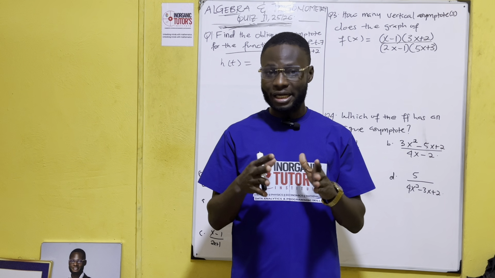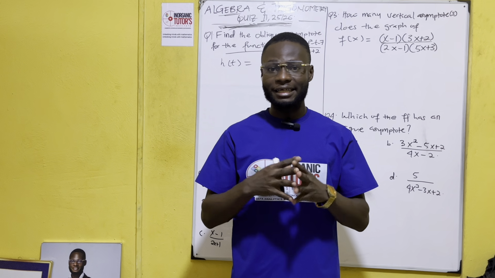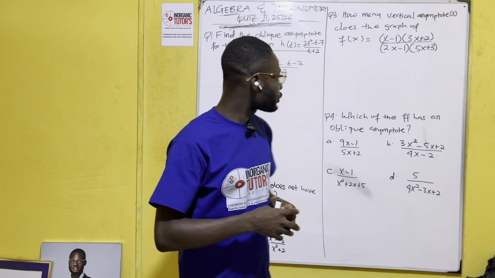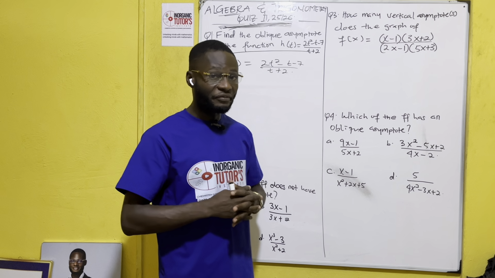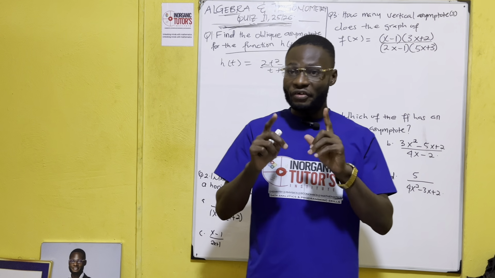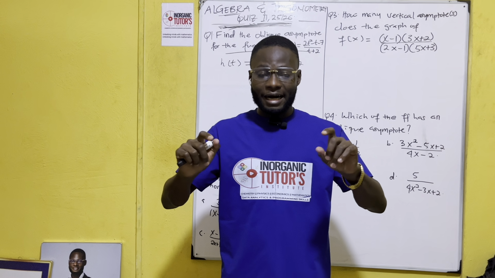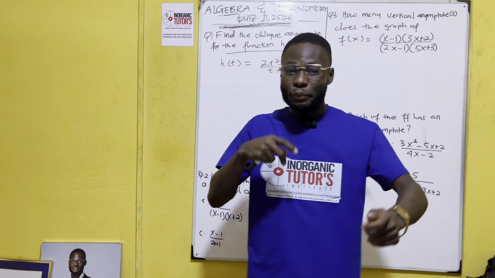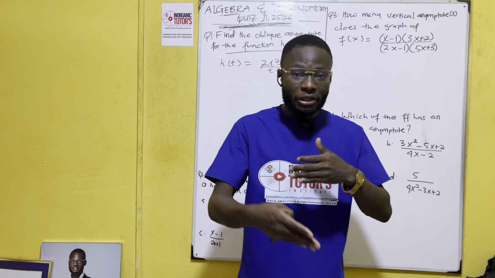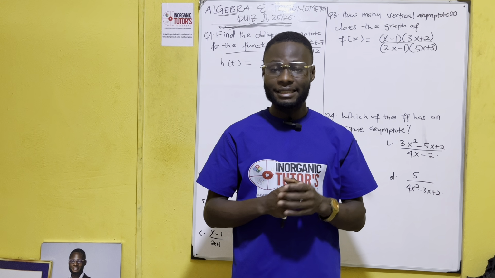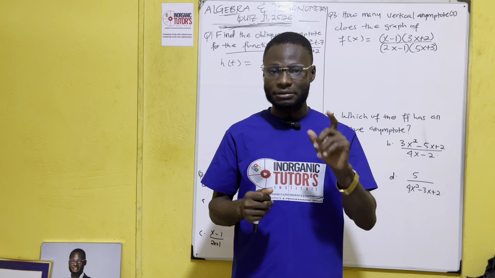So we have to briefly understand the concept of asymptote, then we can solve these questions efficiently. First of all, an asymptote is a line that a curve approaches arbitrarily closely but never reaches.